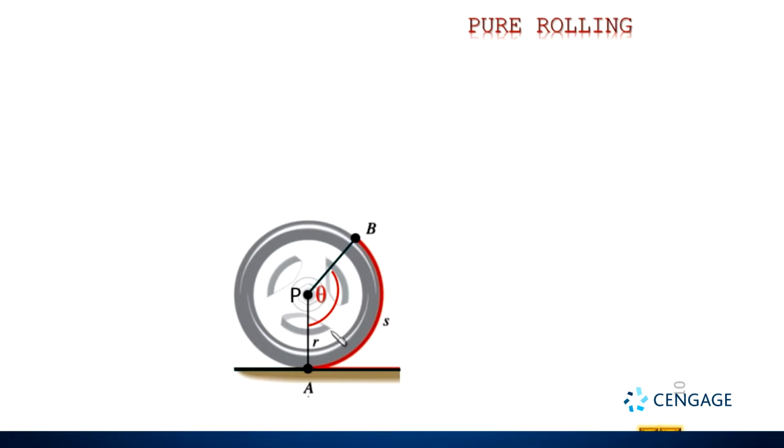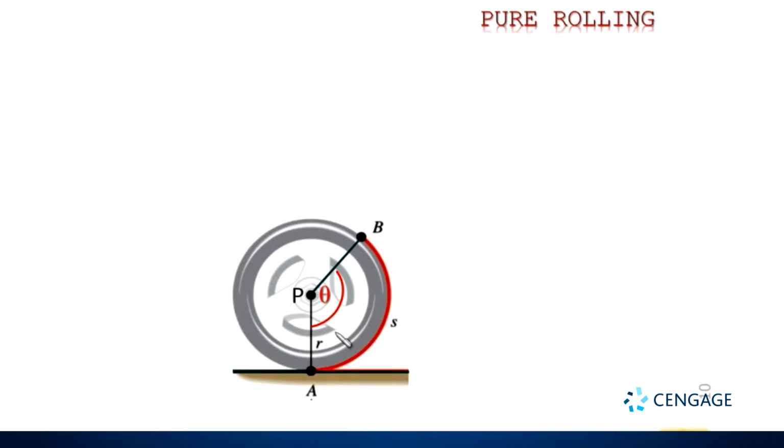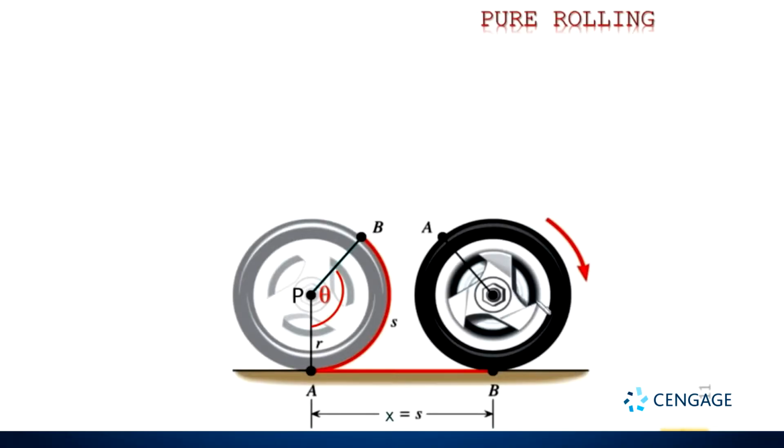Suppose this wheel is rolling, that is performing pure rolling on the ground. If it is performing pure rolling, we can say each and every point on the rim will come into contact with the ground only once. So let us move this wheel in the forward direction, that is a pure rolling of the ring in the forward direction.